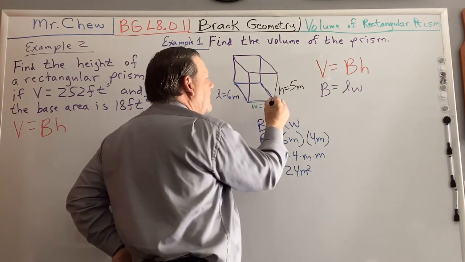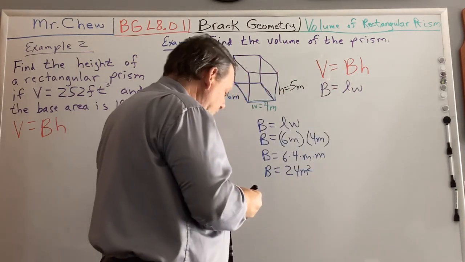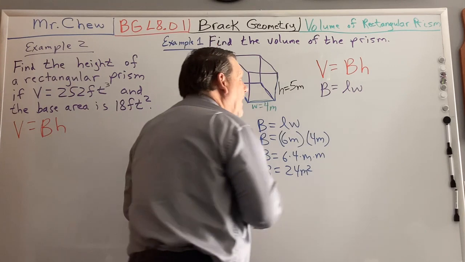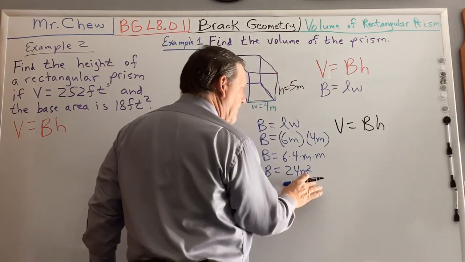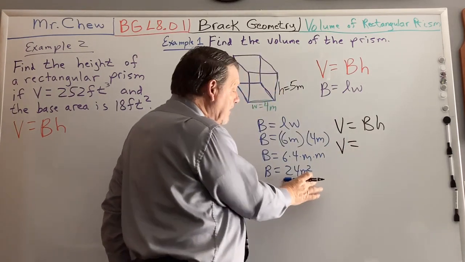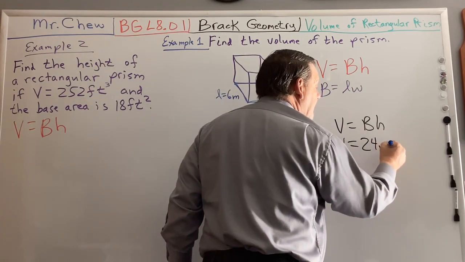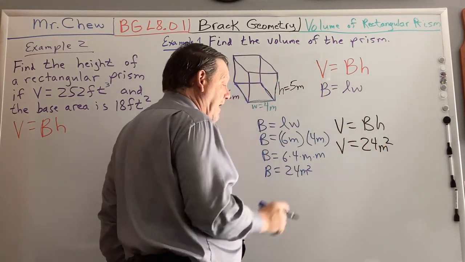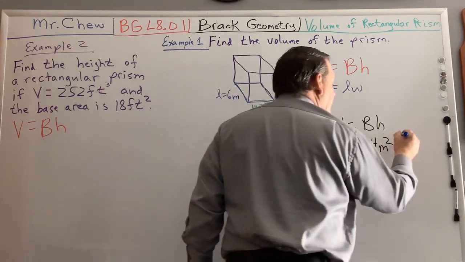Now we're just going to stack them all up with my height and my formula. The volume will be the base area times the height. I've already found the base area. So I use the substitution property of equality to substitute 24 meters squared where the capital B is. And you notice it's a capital B, and I multiply that by the height, which is 5 meters.